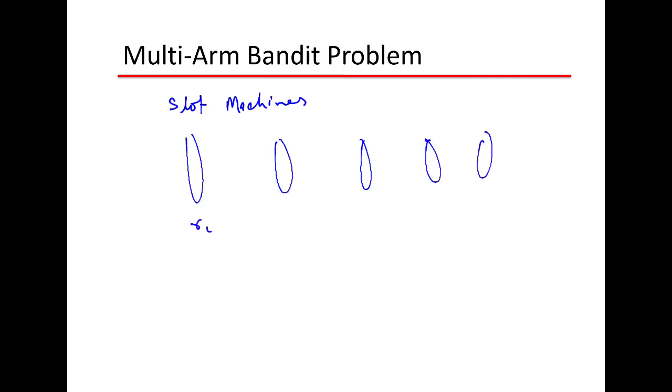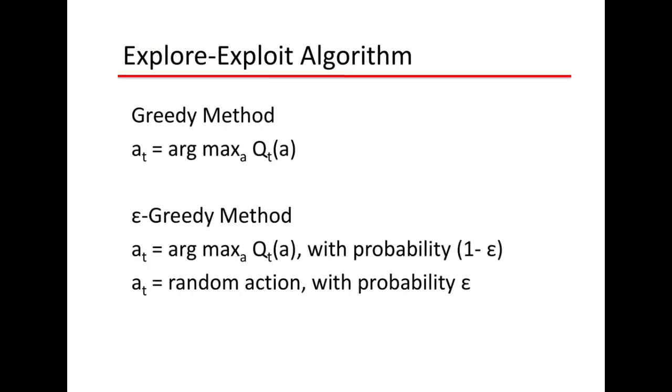So this would get Ri. This, for example, could be R1, R2, Rk, and we want to find max over i of expected Ri, right? This is what we are interested in, finding the slot machine that gives you the maximum expected reward. And for that, we have to apply what is called an explore-exploit strategy.